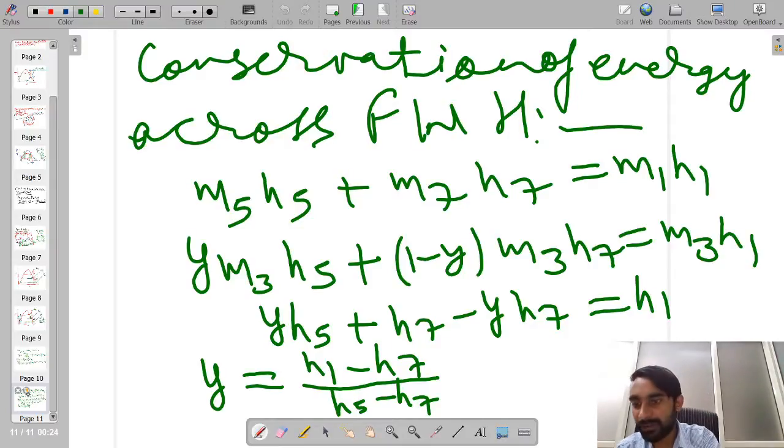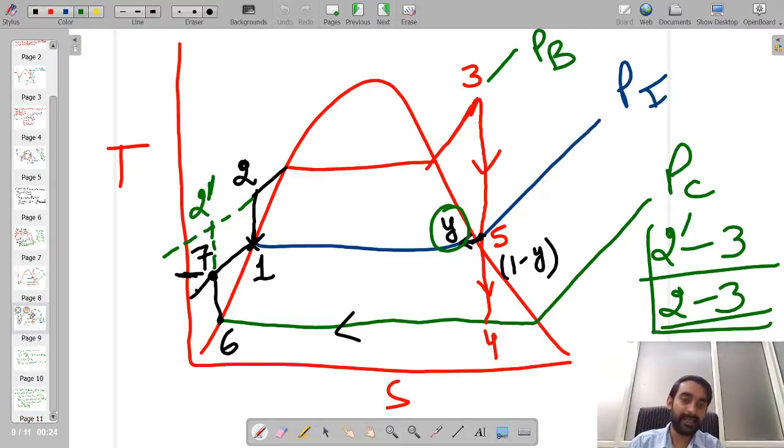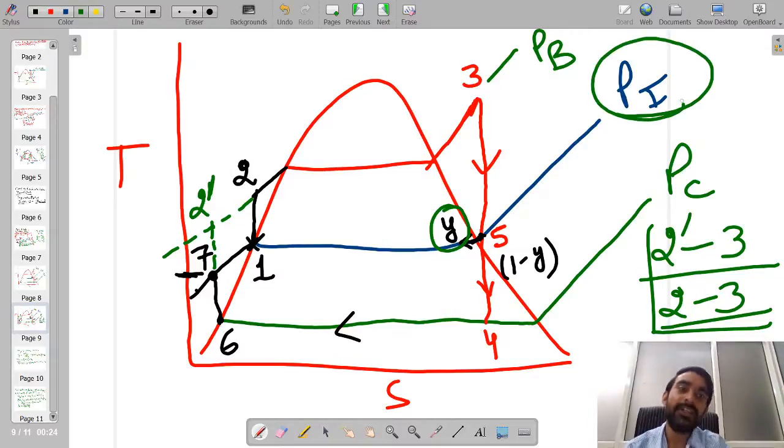Now if you compare the TS diagram, because the intermediate pressure at which the regeneration is performed is already known, we will be able to find the enthalpy of point number 5. At the same time, knowing the intermediate pressure, we will be able to know the enthalpy of point number 7.